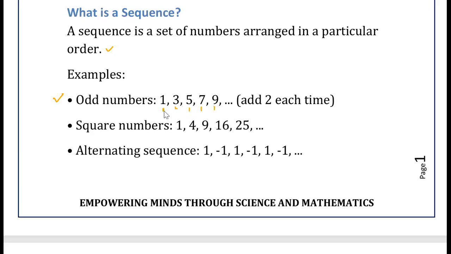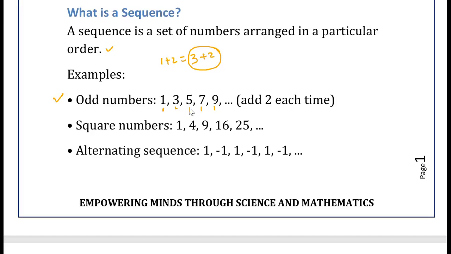1 is the first odd number in this sequence. How do we get 3? We simply get 3 by adding 2 to 1, such that when we say 1 plus 2, it gives us 3. And now for us to get the number after 3, we simply add again 2 to 3.